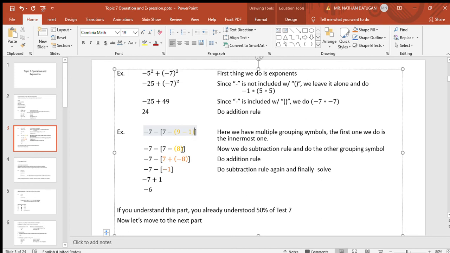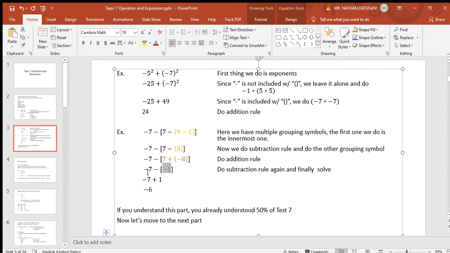No need for the addition rule. Now in this case we have 7 minus 8. Can we subtract 7 minus 8? No, we can't. That's why now we're going to use the subtraction rule to change this minus to plus. Since we're changing minus to plus, we're also going to change positive 8 to the opposite of positive 8, which is negative 8. Now we have 7 plus negative 8. Addition rule, it should give you guys negative 1.